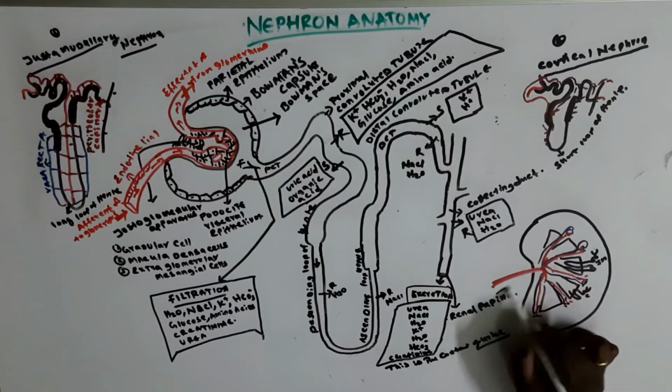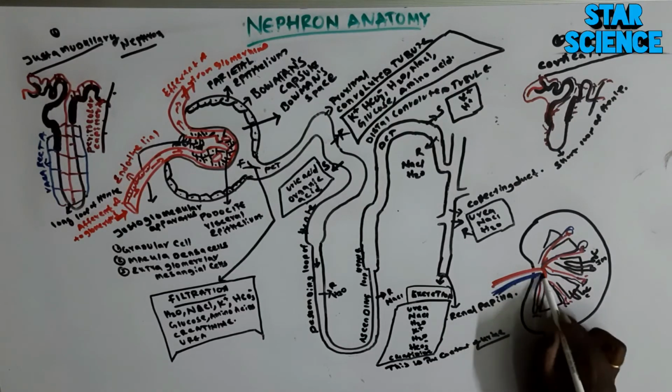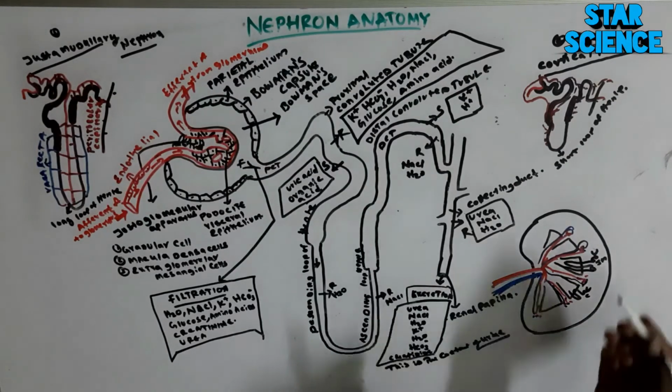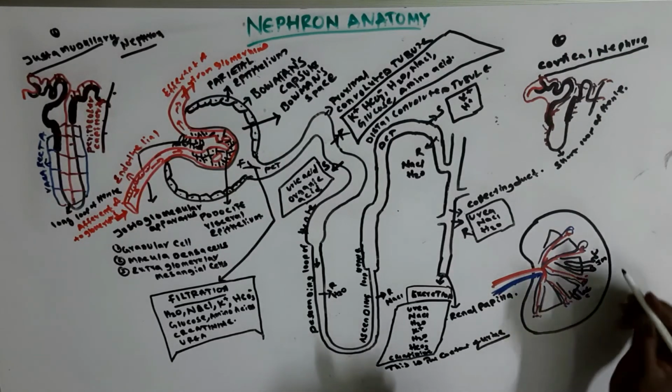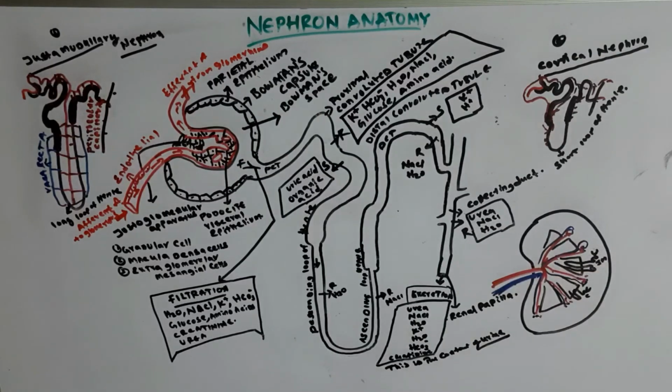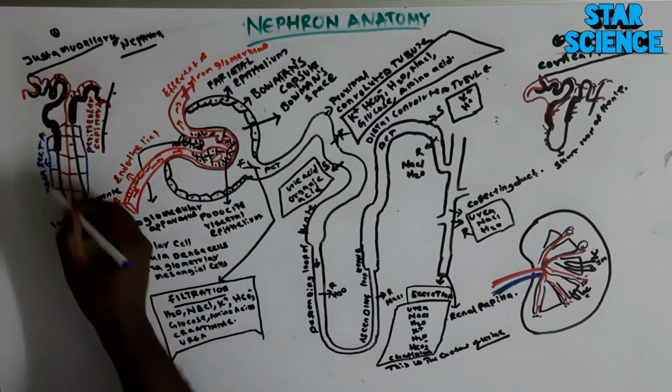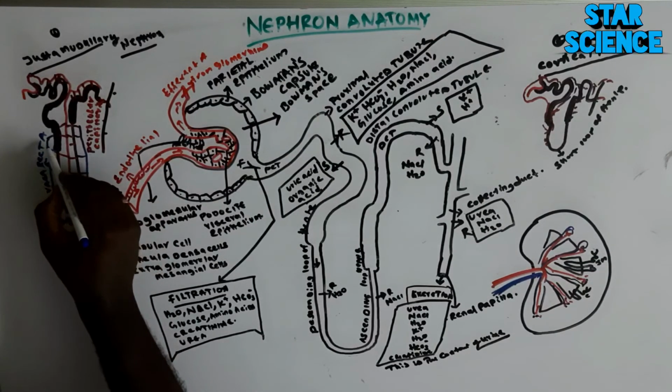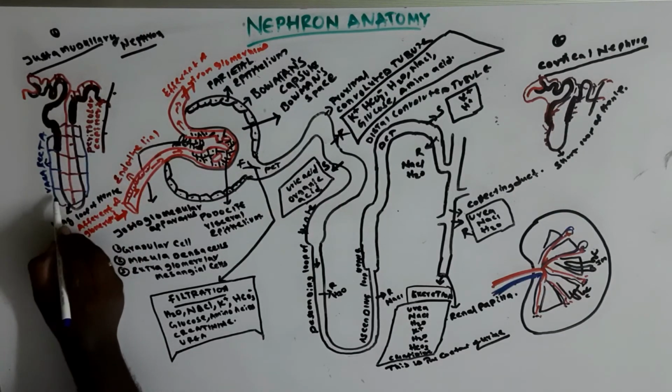So I'm showing you the blood supply to the kidney, and how the CO2 blood gets out of the kidney. Remember the afferent arterioles, where they start, and right now I'm showing you the vasa recta.